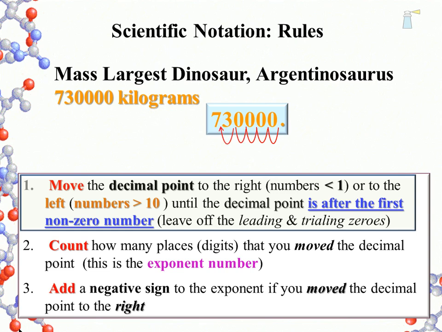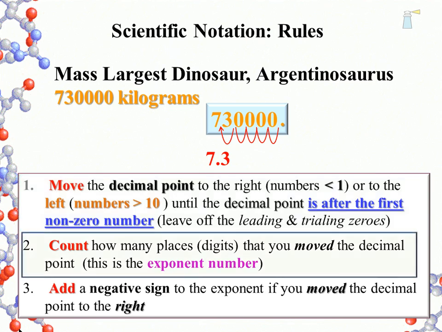That's 5 spots. The decimal goes right behind the 7, and our coefficient is 7.3. We are leaving off the trailing zeros. Consulting Rule 2, we count the places we moved the decimal. It was 5. Our base is 10, and our exponent is 5.